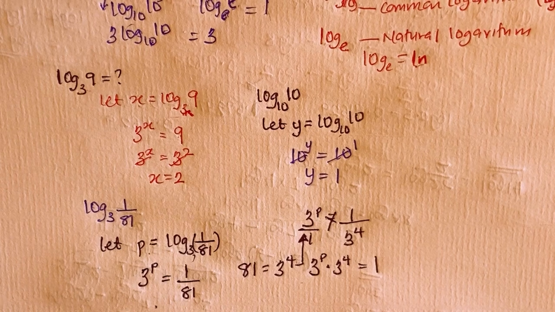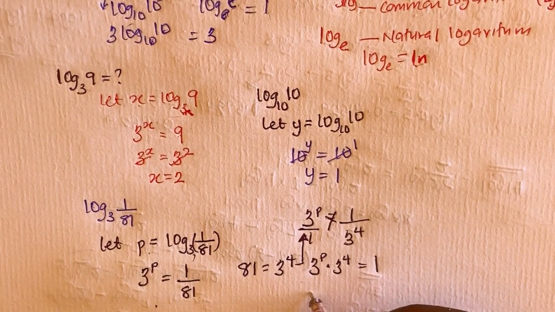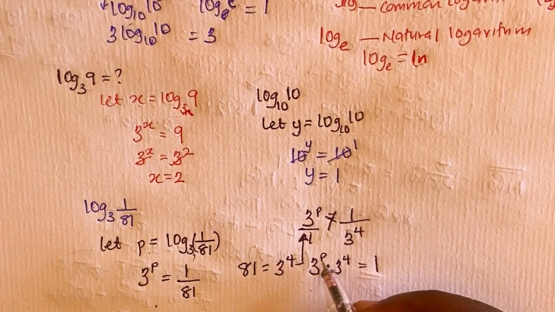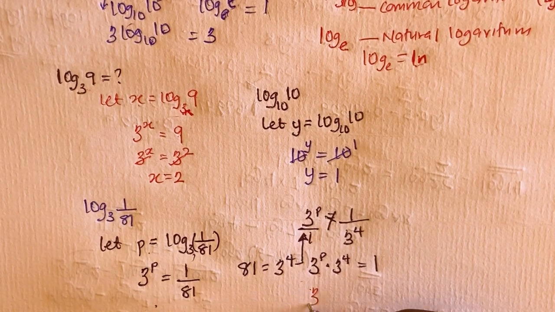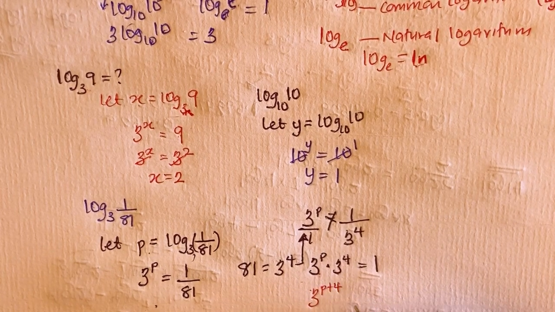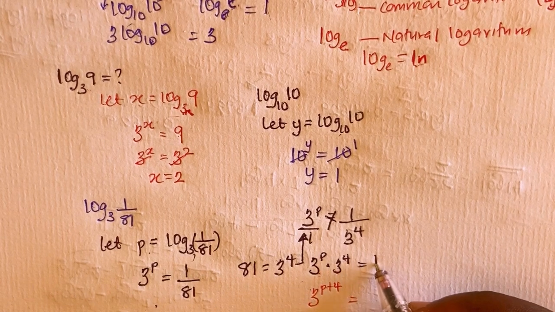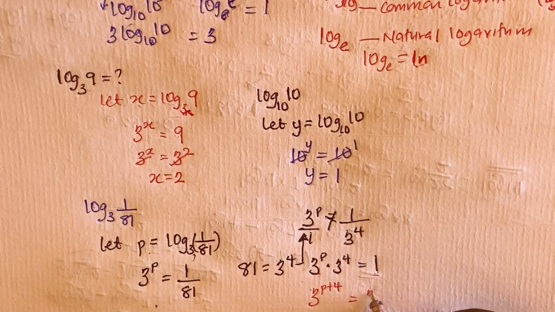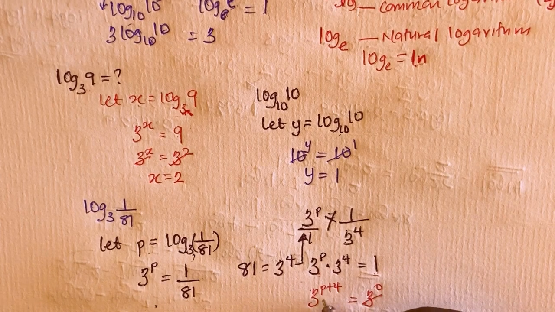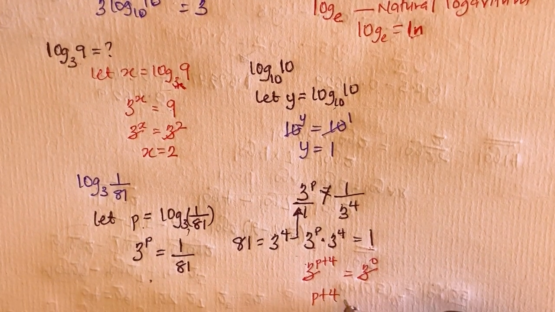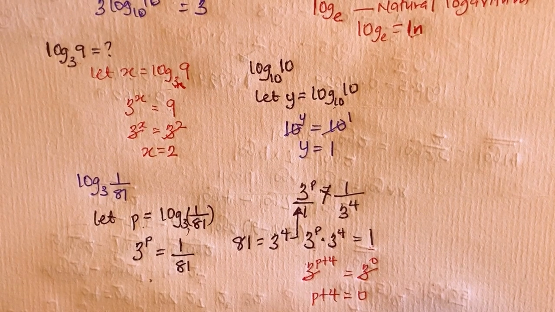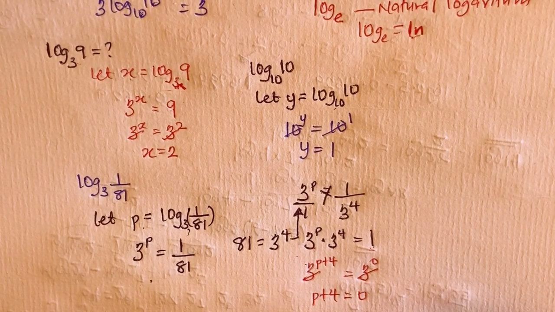According to the law of indices, whenever you have the same base multiplying each other, you add the powers: 3 raised to the power p plus 4. This equals 1, and anything raised to the power 0 is 1, the law of zero index, so 3 raised to the power 0. The bases cancel, so p plus 4 equals 0. Therefore p equals minus 4, which is the answer.